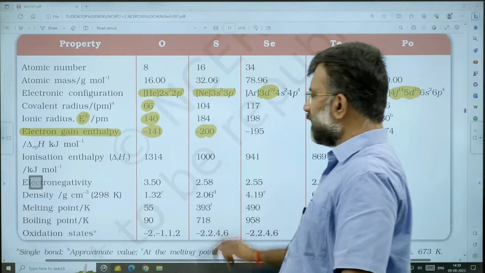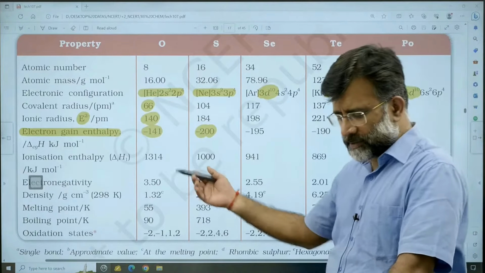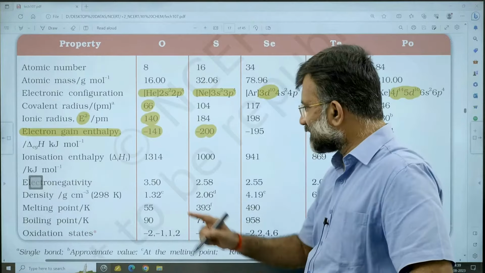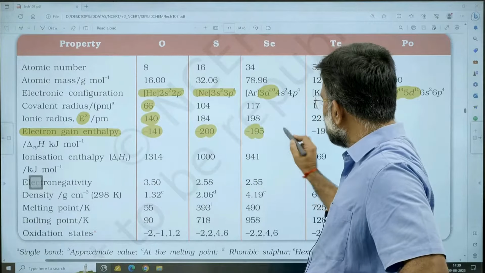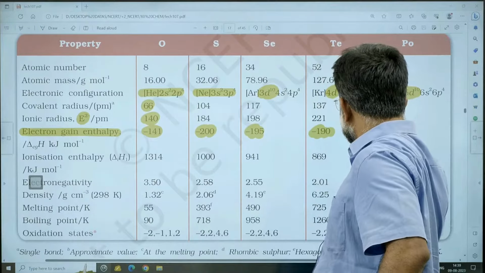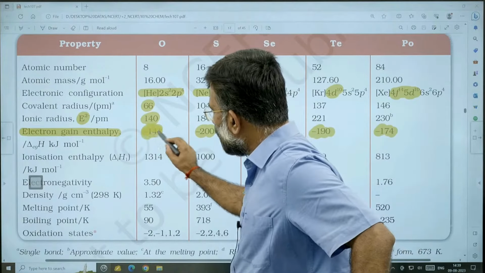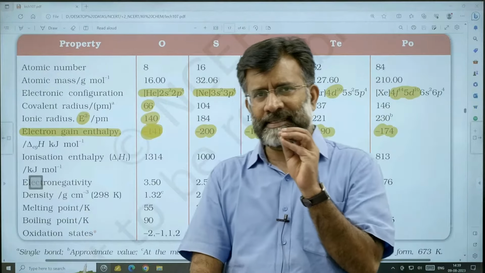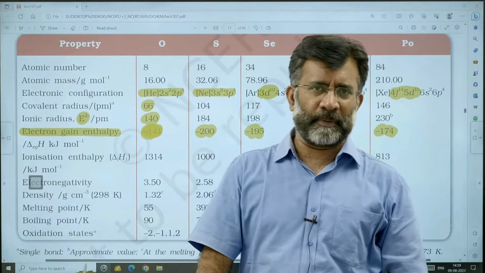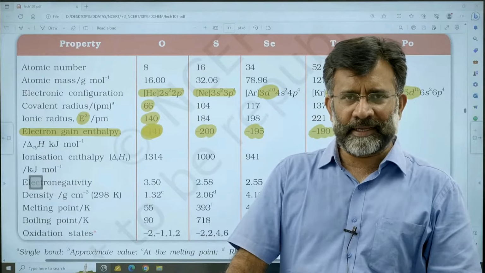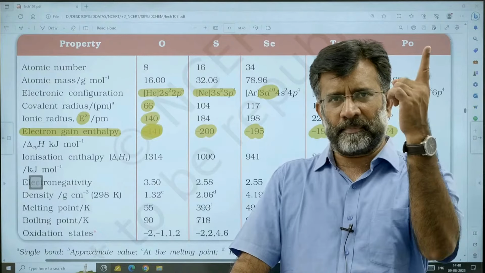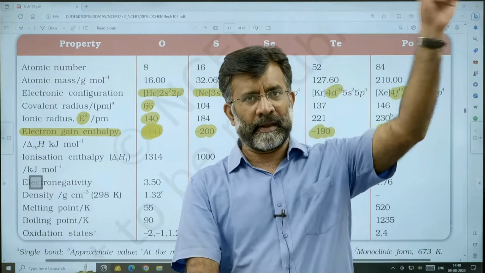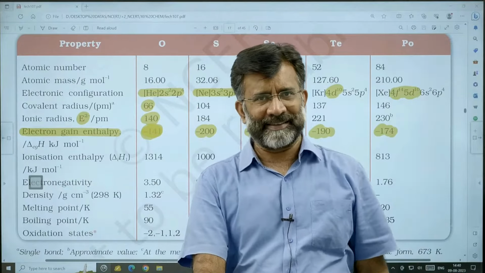Sulfur has the highest negative electron gain enthalpy, oxygen not even in the second place. Highest is sulfur, then selenium, then tellurium, then polonium, and oxygen is last, minus 141, due to small size and interelectronic repulsion. So what is the order of negative electron gain enthalpy? Sulfur maximum, then the regular trend down the group, oxygen coming last.